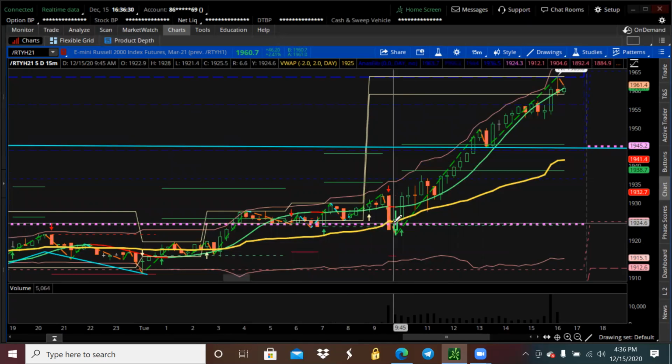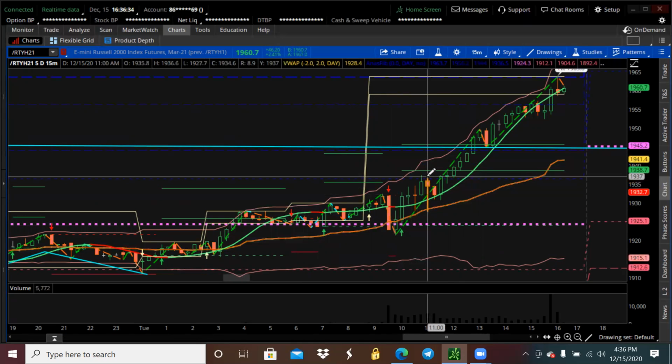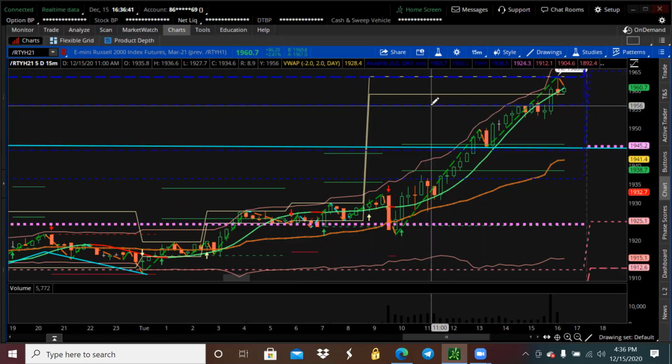I am looking to go long there. Okay, and then try to target here your R1 and then R2 with the pivots.